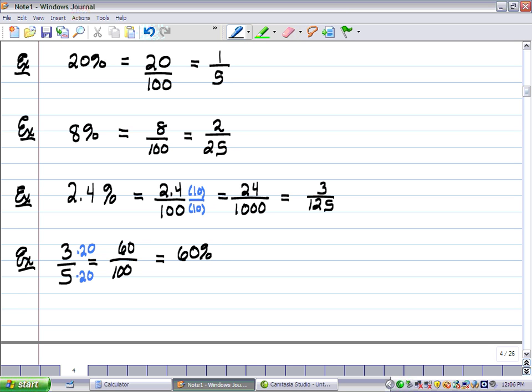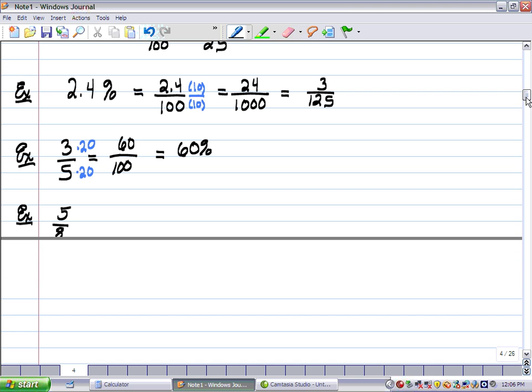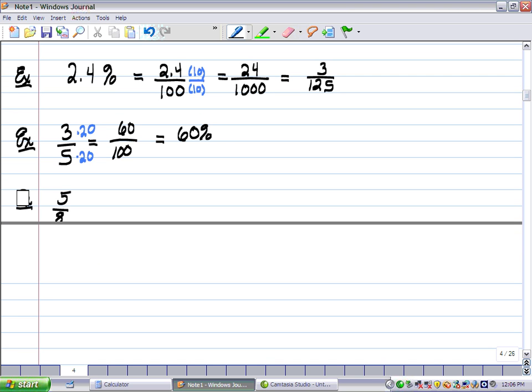If they work out evenly, that's nice. But what if one doesn't work out evenly? What if I have 5/8, for example? Move it down to the next page. Suppose I have 5/8.